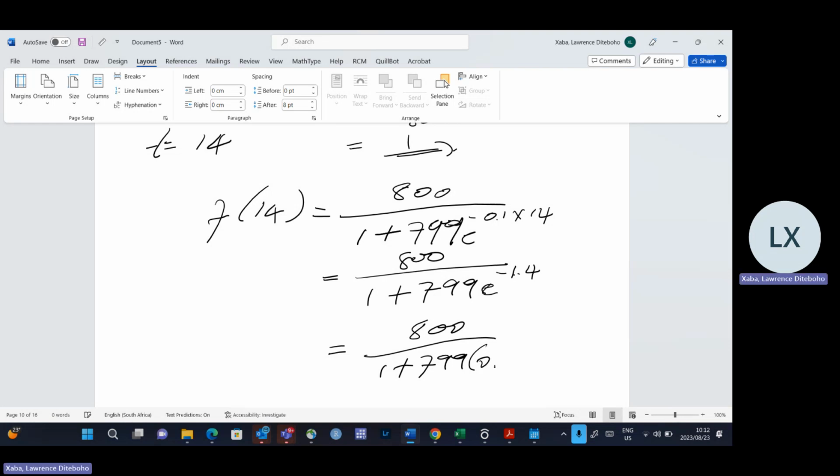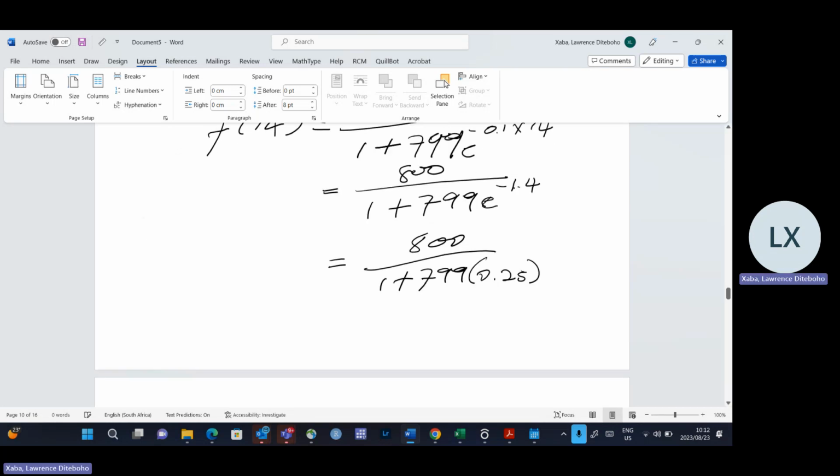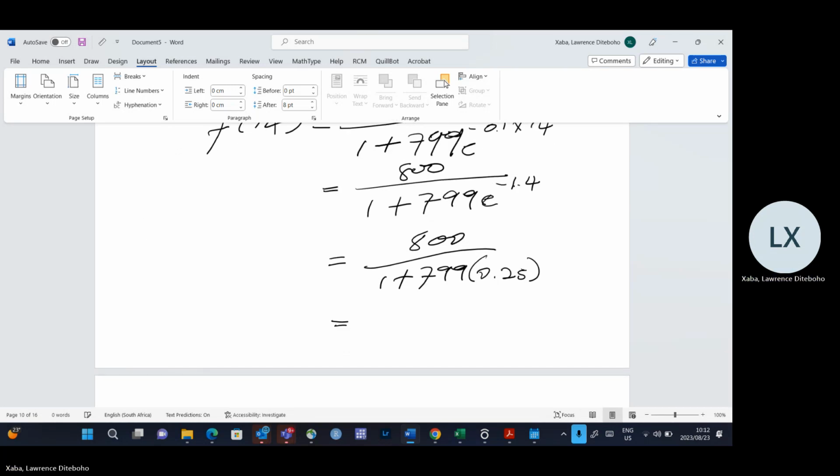Then we have 0.2, let's say 25, close brackets. Then we say 7.99799 times 0.25, close brackets.